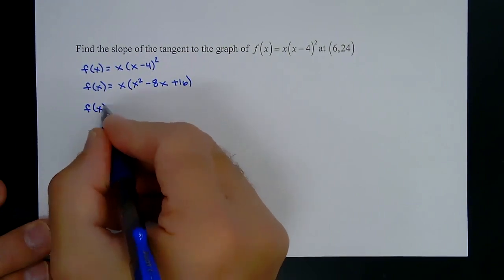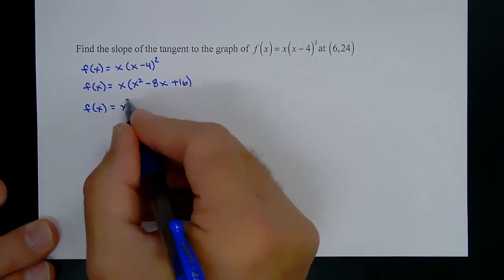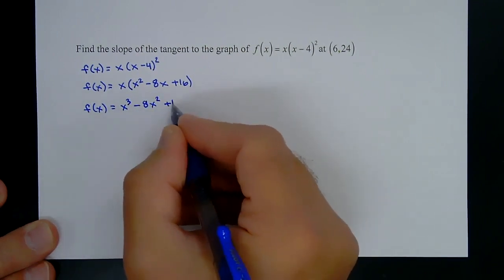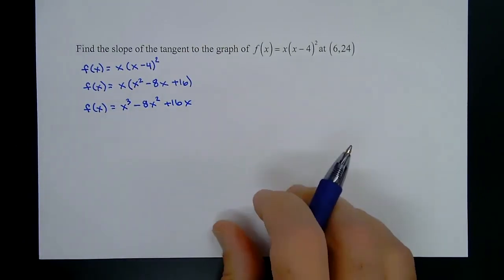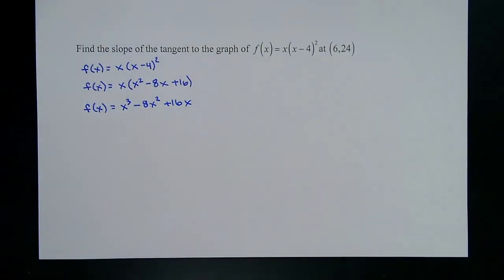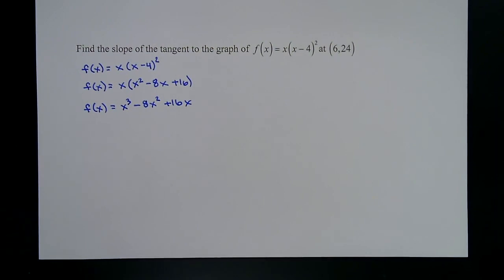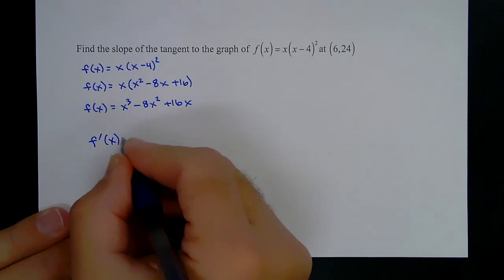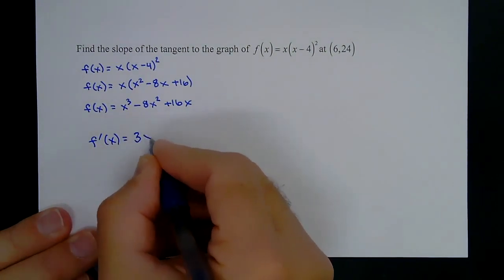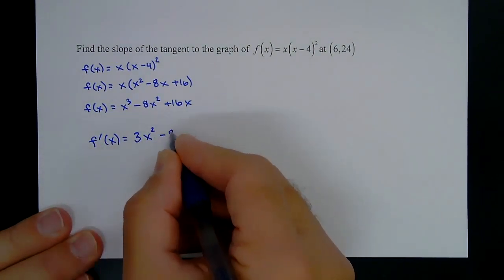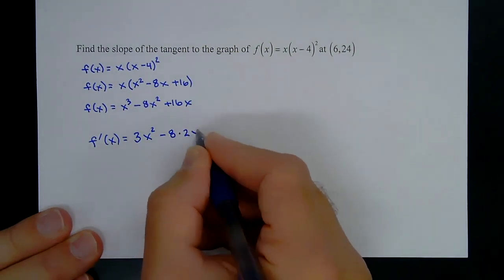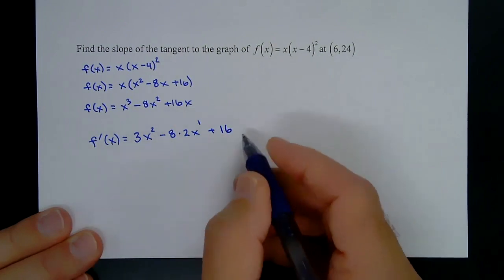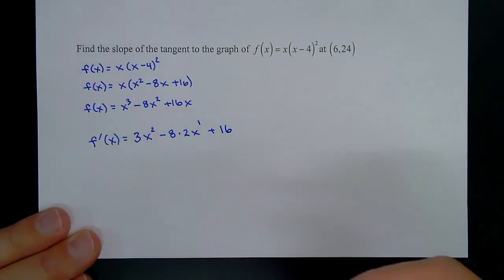So f of x is x cubed minus 8x squared plus 16x. Okay, now because we've rewritten this, we can find the derivative. So f prime of x would be 3x squared minus 8 times 2x to the first plus 16x to the 0, but x to the 0 is 1, so I'm not going to write it.